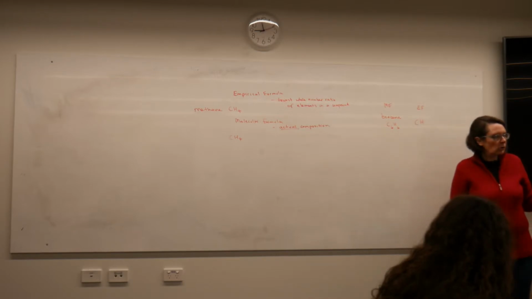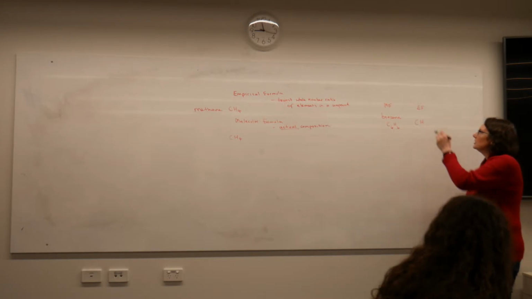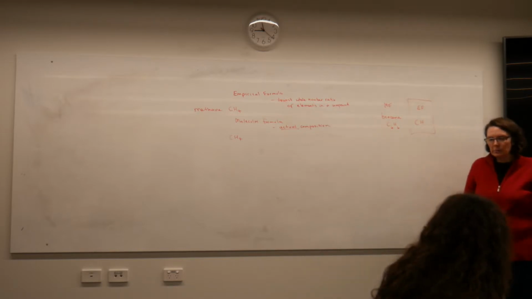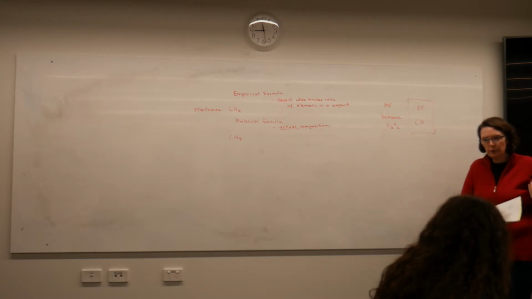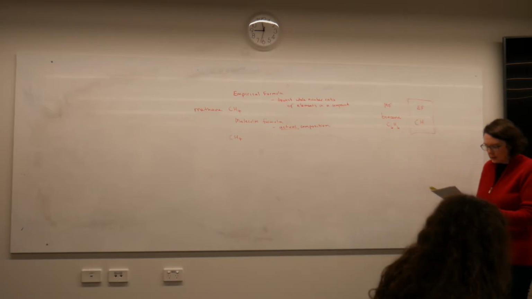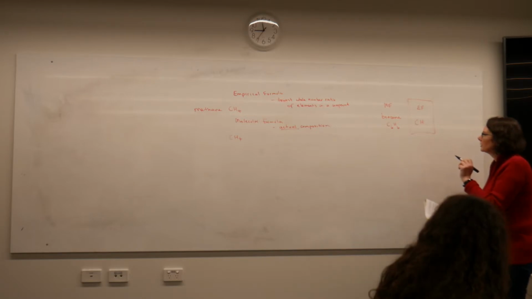And the most common way that we encounter these calculations is that we've found the empirical formula based on percentage by mass, and we are then using that information to determine the molecular formula. So that's what we want to look at now, to see how we can do these calculations.